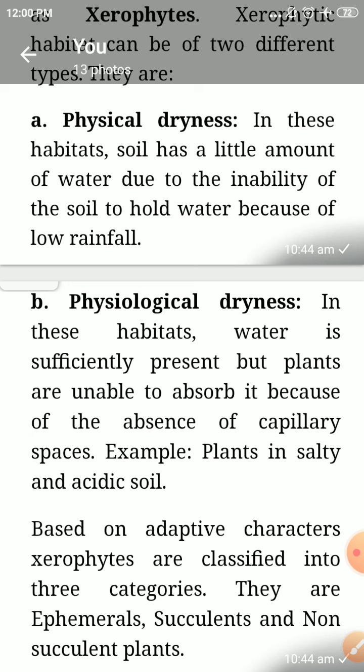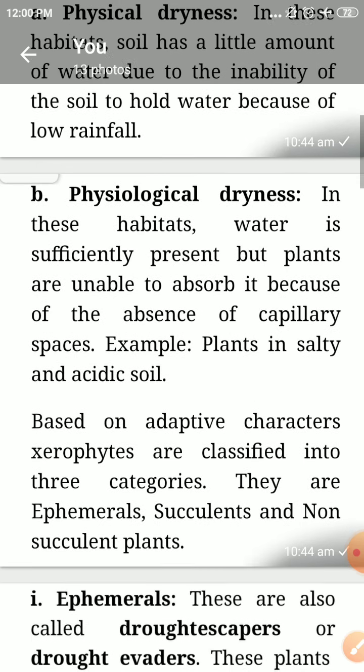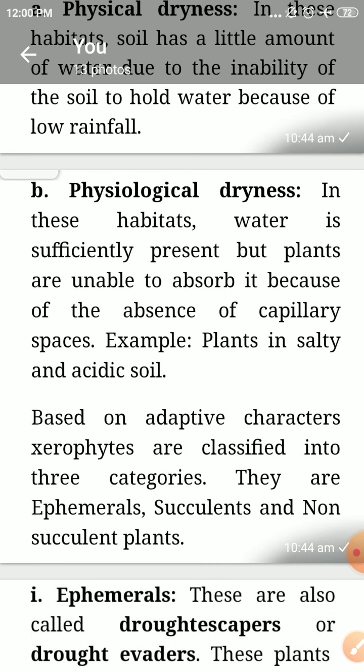Besides such physical dryness of the soil, there are certain places where there is physiological dryness. In these habitats, water is sufficiently present, but the plants are unable to absorb it because of the absence of capillary spaces.